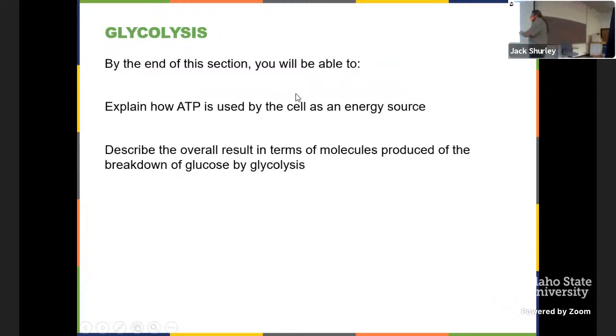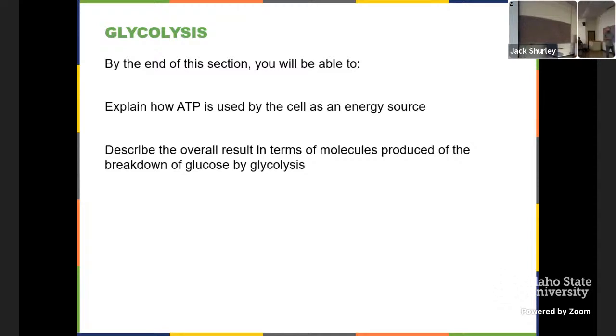So when we think about these reactions, all right, whether it be aerobic respiration or fermentation, the very first thing that happens as we're taking glucose into the cell is glycolysis. And glycolysis is the splitting of sugar, all right?